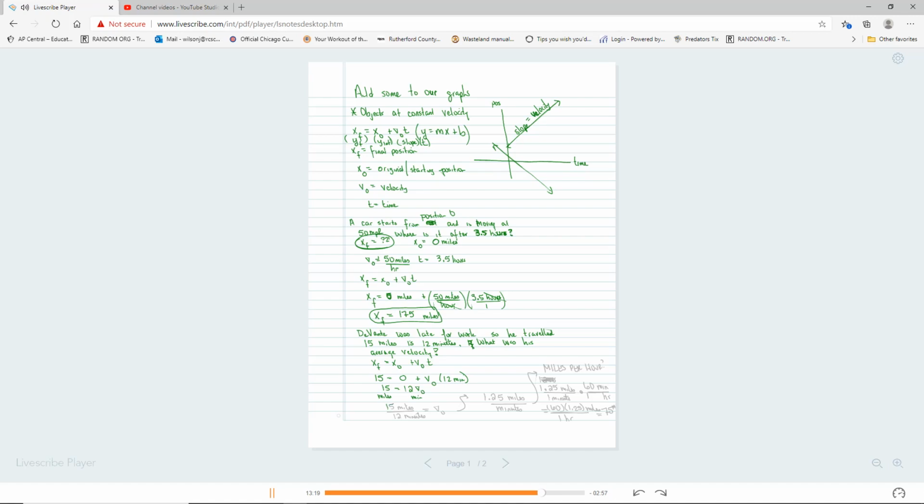So we get 15 miles divided by 12 minutes equals V original, his speed. Let's see, 15 divided by 12 is 1 with a 3 left over, 1.25. 1.25 miles per minute.